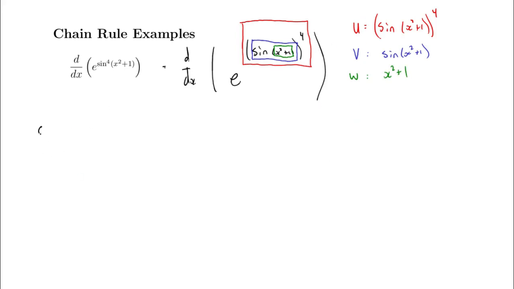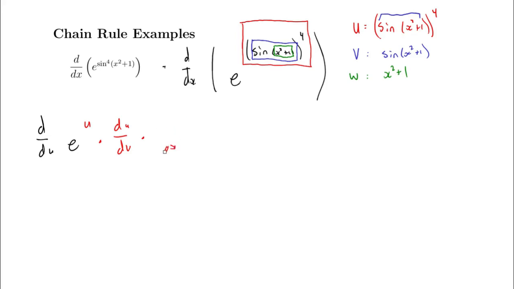Now what we're going to notice is that this is going to be the derivative with regard to u of e raised to the sine of the 4th x squared plus 1. Maybe I'll say e to the u. That's easier. Times du over dx. But what you'll notice is that du over dx is really going to be du over dv times dv over dx.